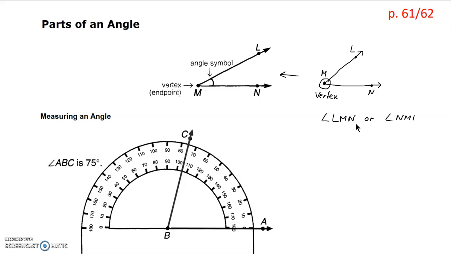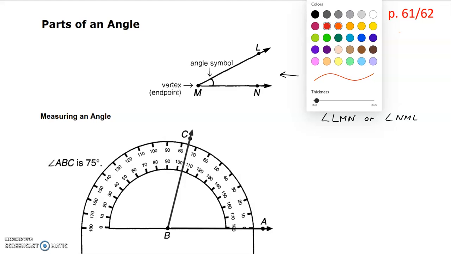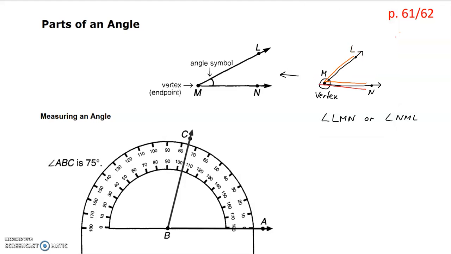When we name an angle, we name from the outside to the vertex and then to the other side. So we can look at this angle as LMN, or the other way as NML.